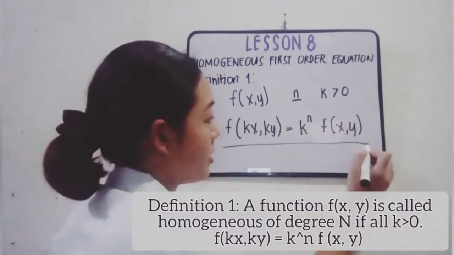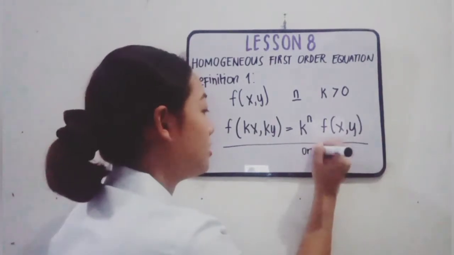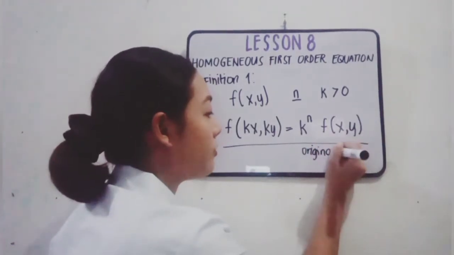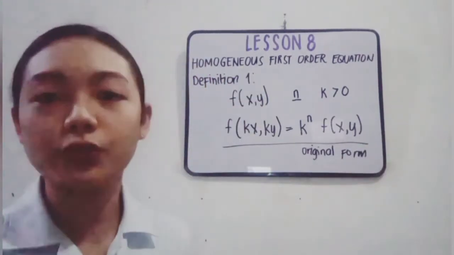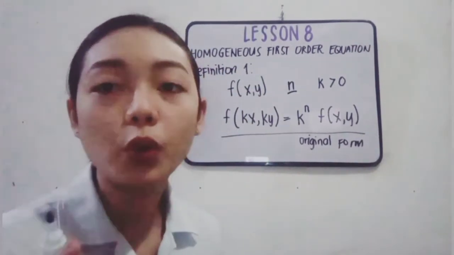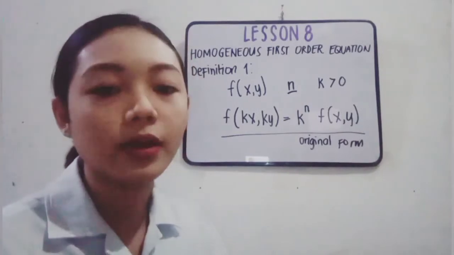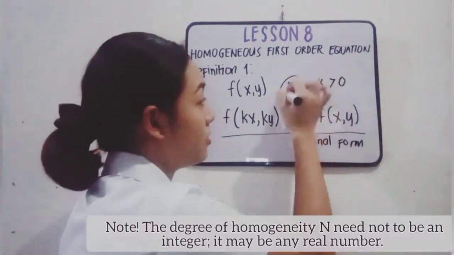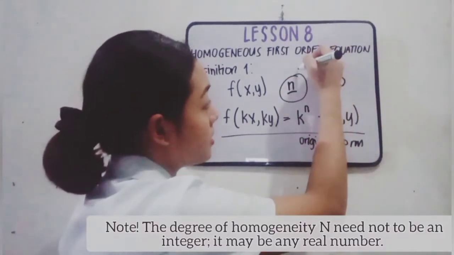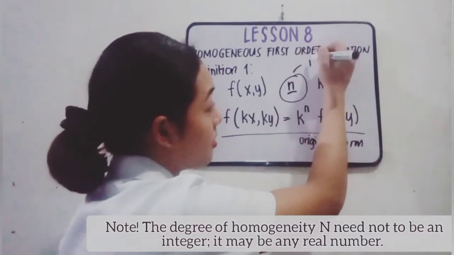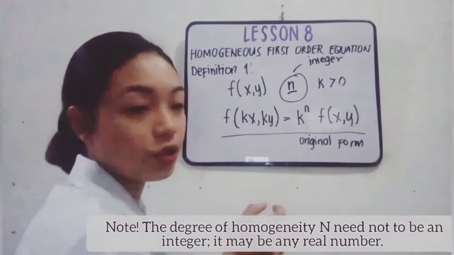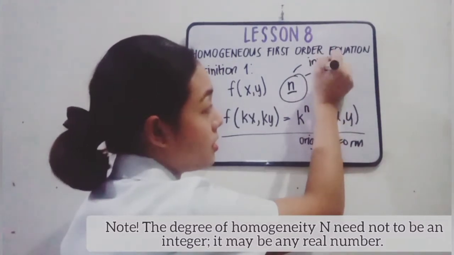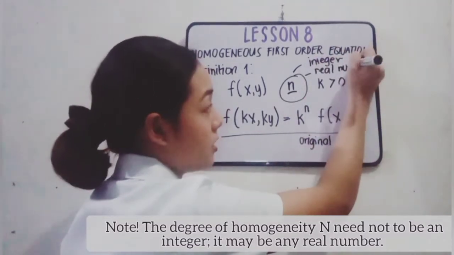This could be our original form for our homogeneous first order. Note lang natin dito sa definition number 1, the degree of homogeneity here need not be an integer, because it may be any real number.